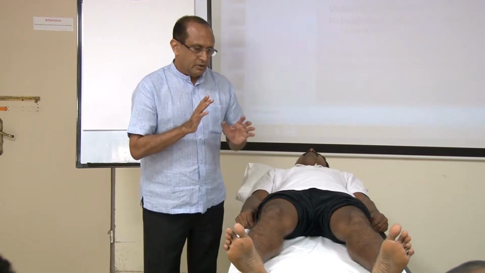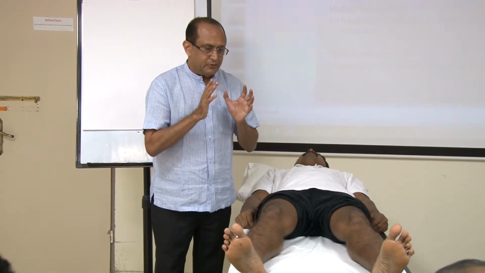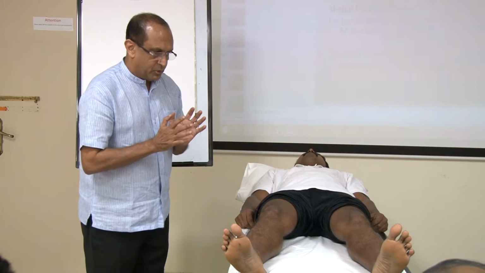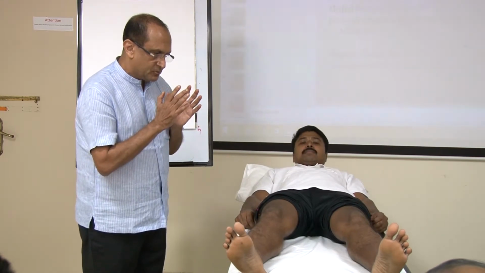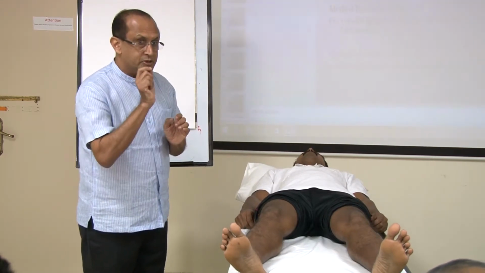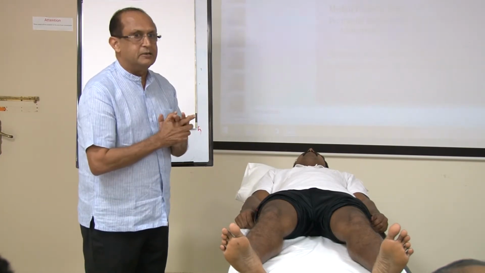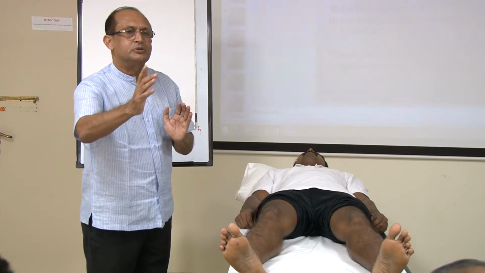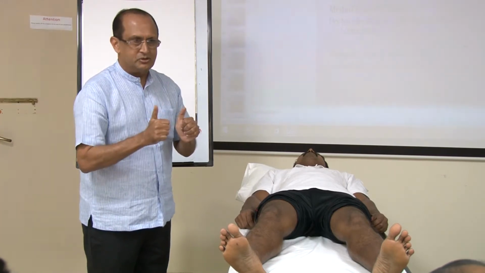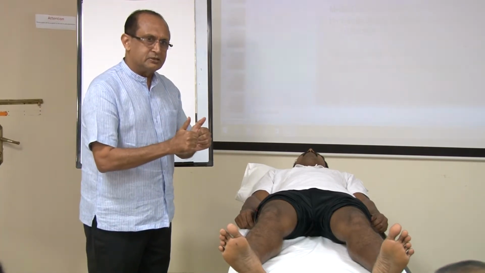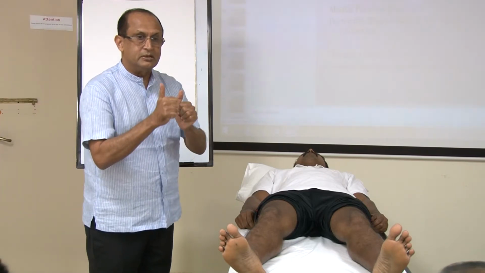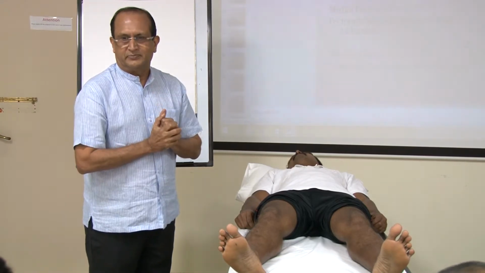Okay. Now, inspection is very important. While inspecting the lower limb, if you see marked wasting in a weak limb, then an upper motor neuron lesion is ruled out, because corticospinal tract lesions will not produce any marked wasting.